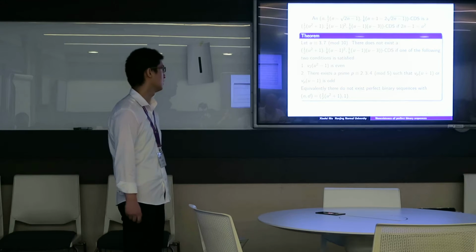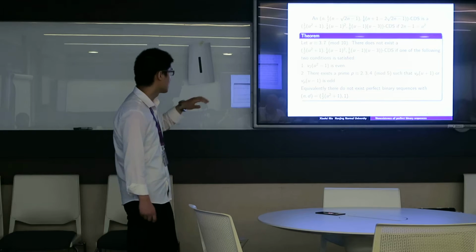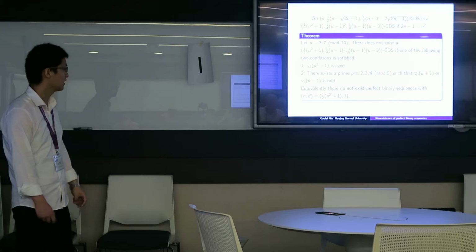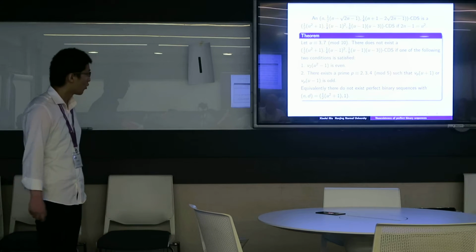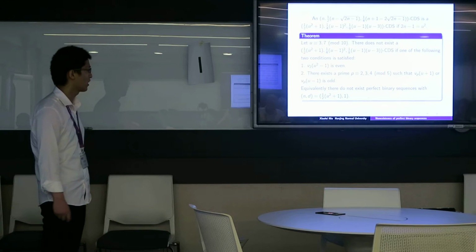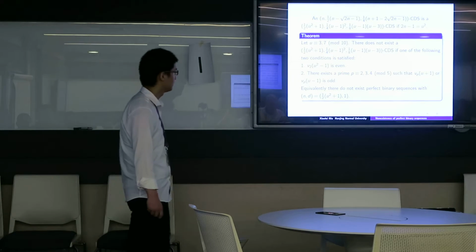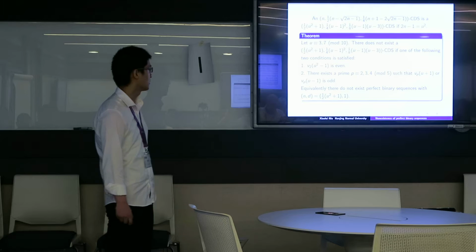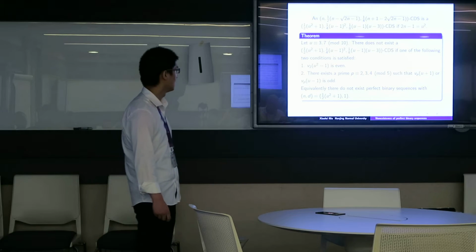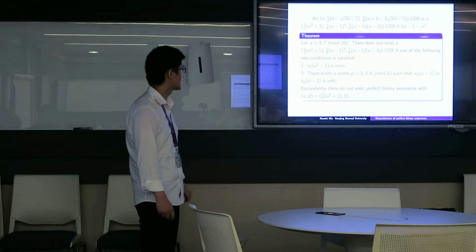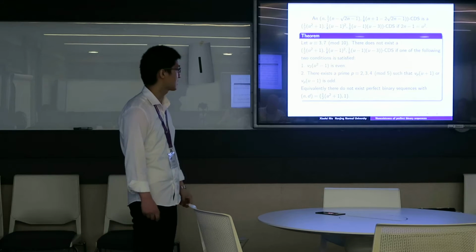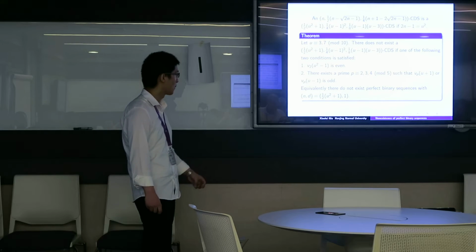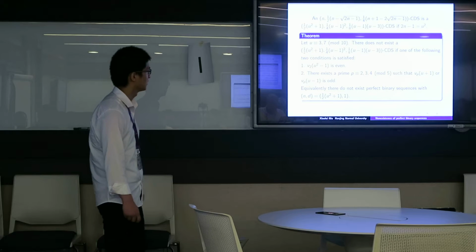They are not this case CDS if one of the following two conditions holds: one, u squared minus 1 is even; and two, there is a prime p congruent to 2, 3 or 4 mod 5 such that v_p(u minus 1) or v_p(u plus 1) is odd.